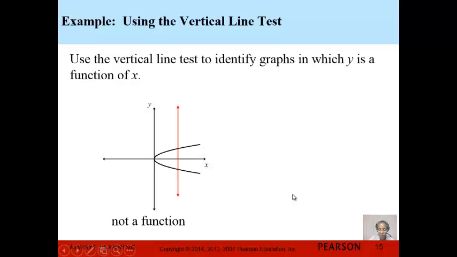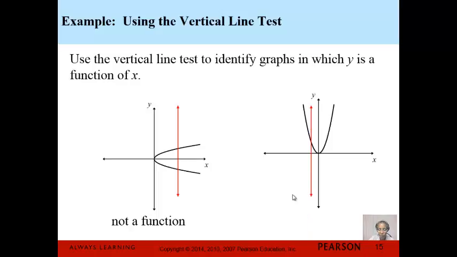Well, let's rotate that curve 90 degrees. Notice that any vertical line that intersects this graph will only do so once. So never is there an x that corresponds to more than one y. So this graph does represent a function. Y is a function of x on this graph.